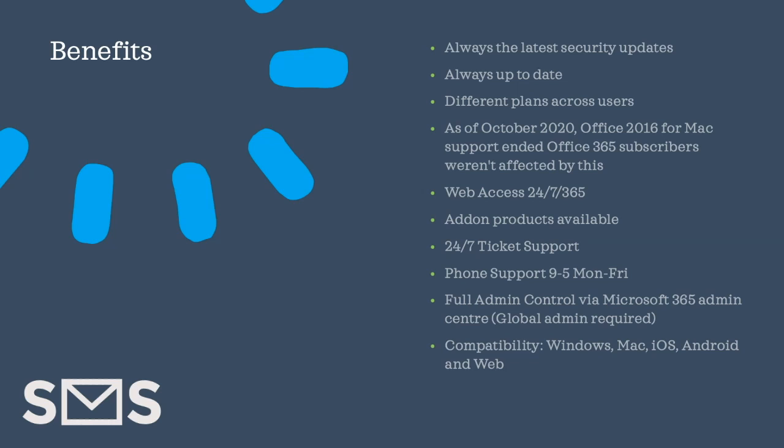365 also has web access, so whether you want to access your email, or, if you've got a plan that comes with SharePoint or OneDrive or even Office, and even Teams to a degree, you can access this 24 hours a day, 365 days of the year. As long as you've got an internet connection and there are no issues with that, you can access it anywhere in the world. There are also add-on products available, which we will touch on towards the end of this webinar.